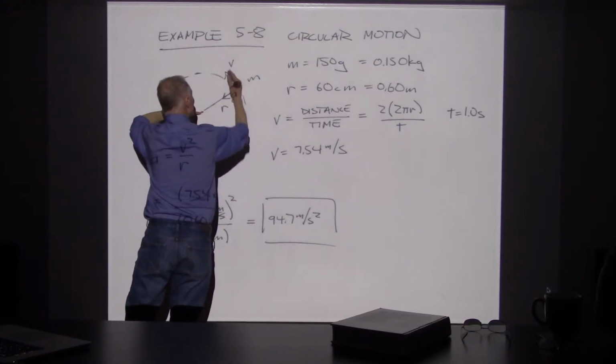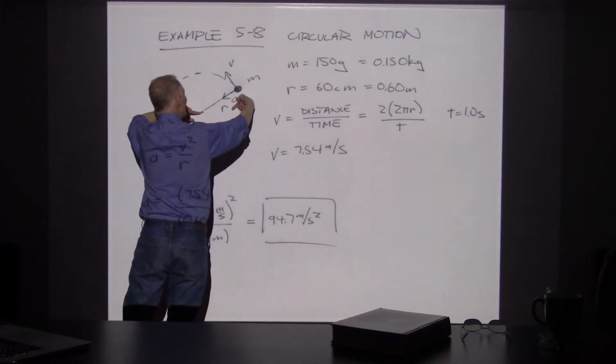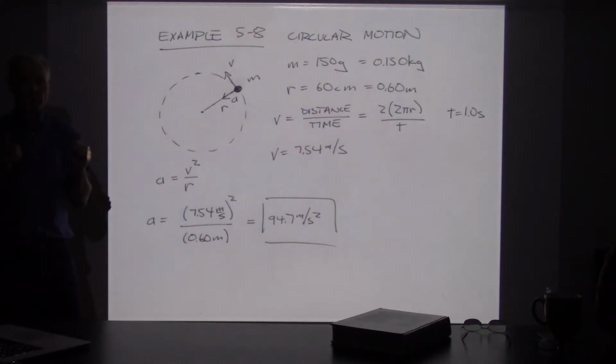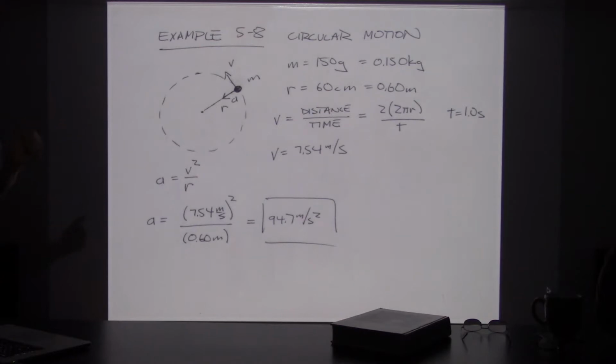The v is going to be tangential, and the acceleration is going to be pointing right back at the center. I like that setup where v is perpendicular to r and a is perpendicular to v, and the a ends up pointing right back at the center of the circular motion.